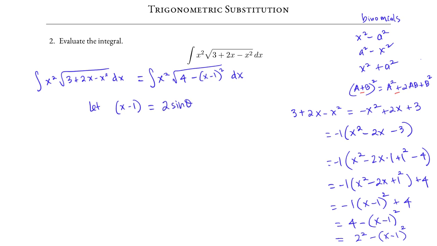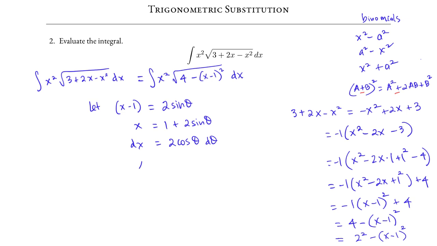Not x equals 2 sine theta, but x minus 1, which is the expression inside the square. x is therefore 1 plus 2 sine theta. dx is 2 cosine theta d theta. So we have a substitution for dx.